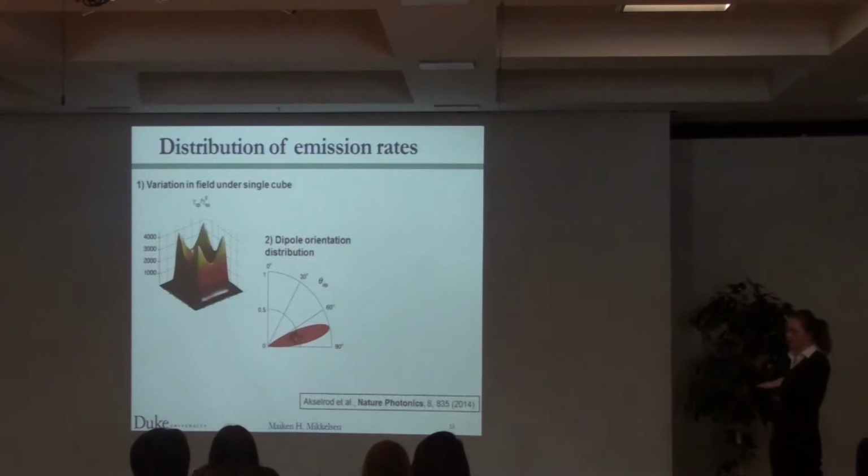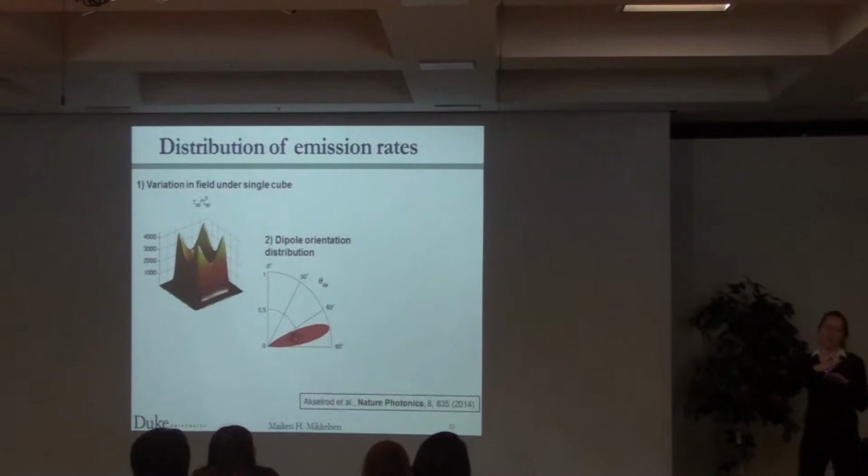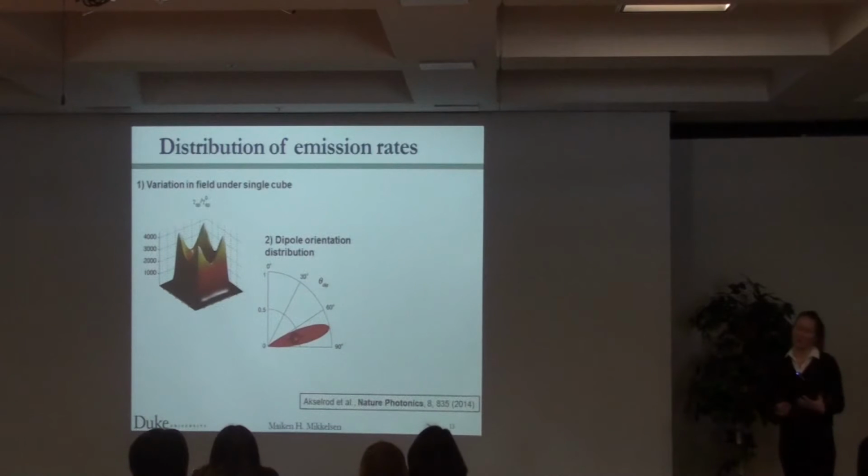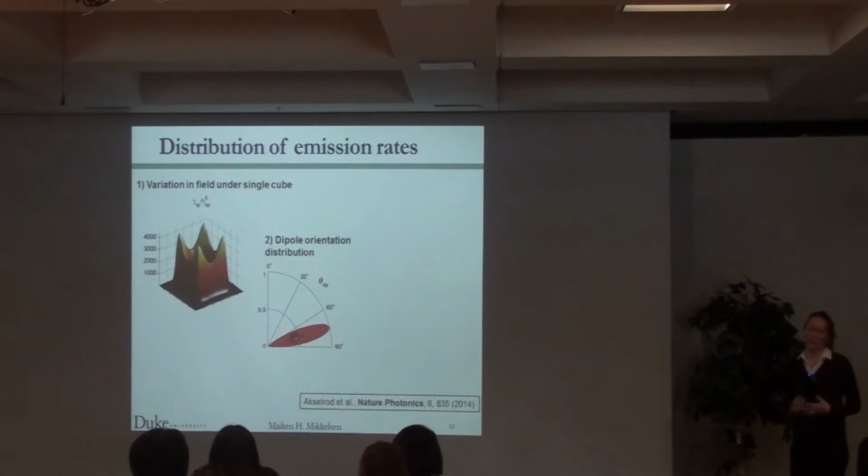What we found is that most of them are lying relatively flat, at a 75-degree angle to normal. The ideal coupling direction to our cavity is actually vertical, so this was not quite desired, but it showed that we could still get a very large enhancement, and we know how to optimize it. But this is really different from random orientation of our molecules, which is often a natural assumption. But these are slightly charged molecules, and the surface is slightly charged, so it's not surprising that we get this distribution.